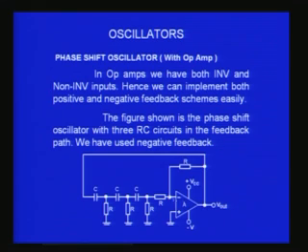So there is a 180 degree phase shift, and the output is now taken and given to a combination of 3 RC networks here, so that the phase here becomes an additional 180 degrees, and it will be in phase with the input, and then this will start sustained oscillations and you will get the output.